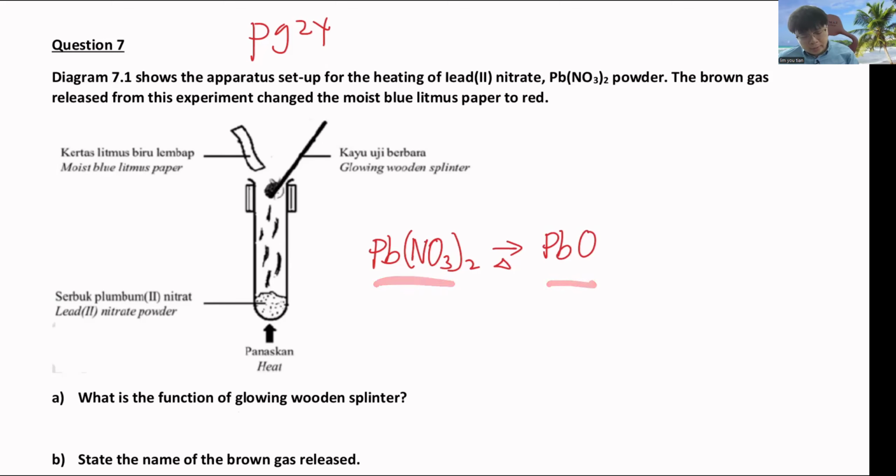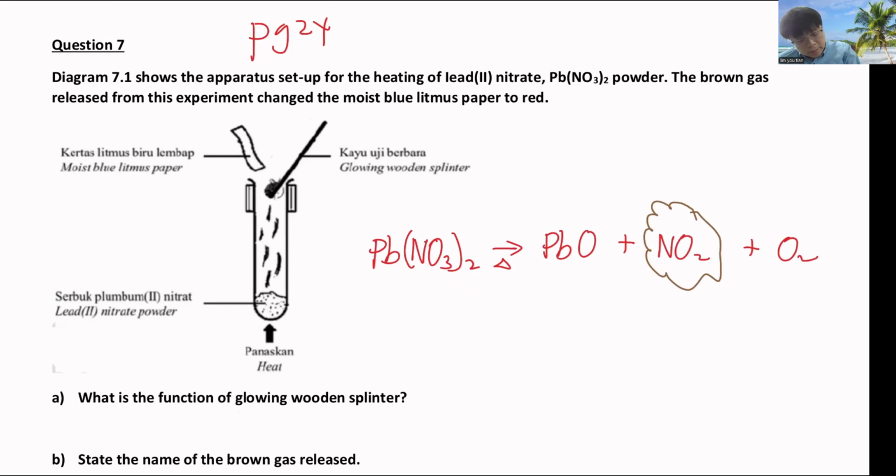Zinc nitrate produces ZnO. Magnesium nitrate produces magnesium oxide. Always oxide. Then nitrates give NO2 gas and O2 gas. So which one is the brown gas? One is a normal gas.